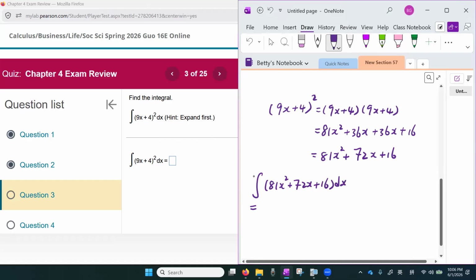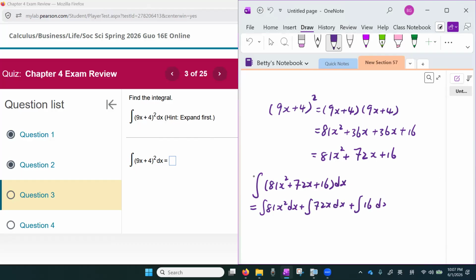The integral of a sum is the sum of integrals. So we can write the integral as the sum of 3 integrals: 81x squared, 72x dx, 16 dx. All right, 81x squared, 72x, 16.